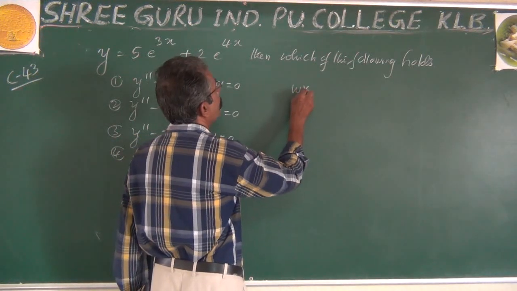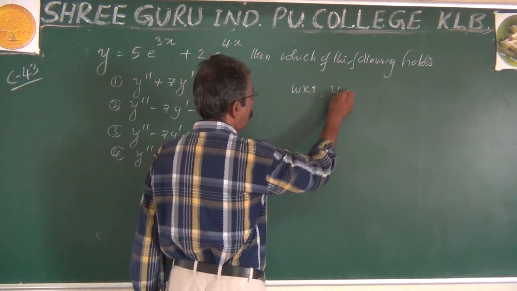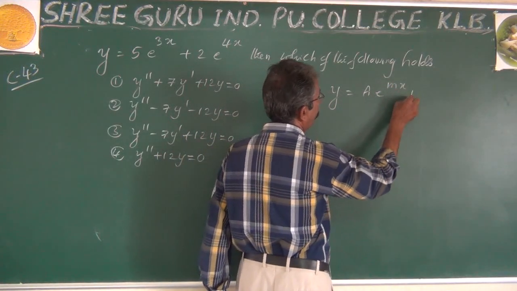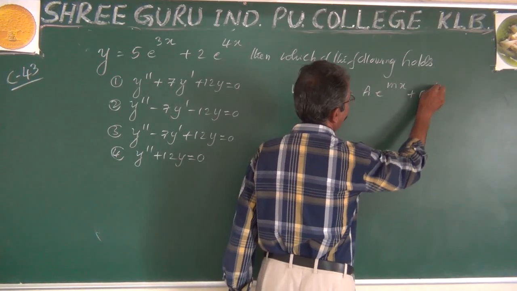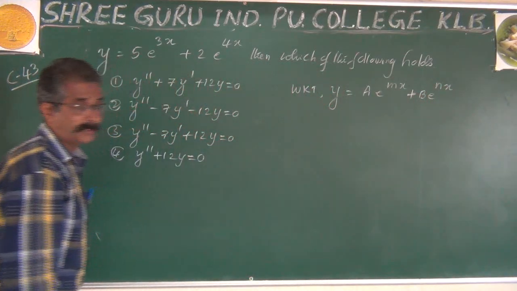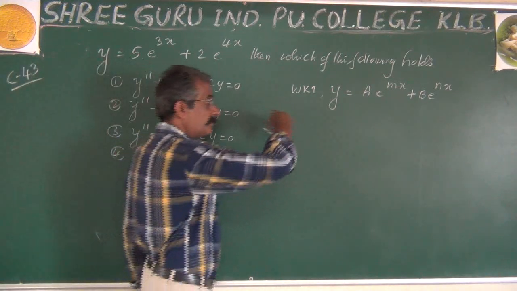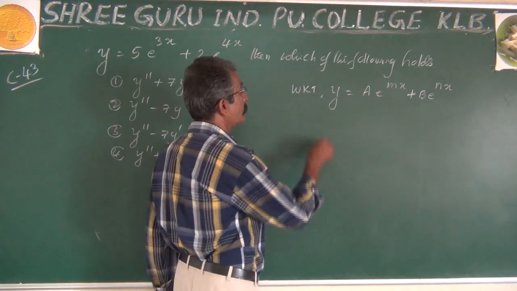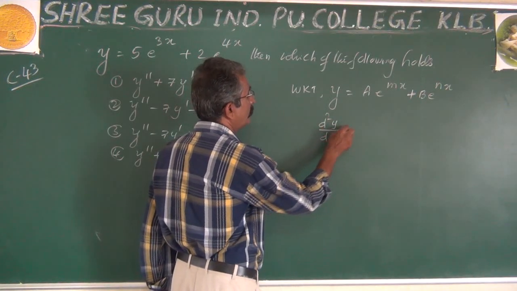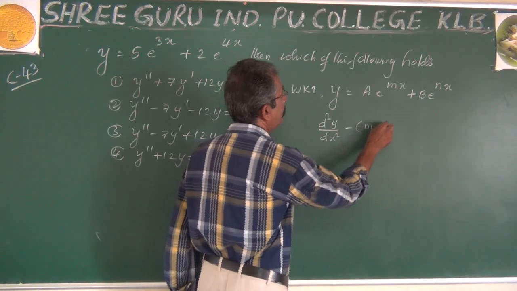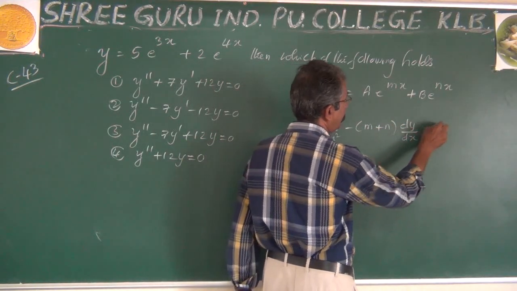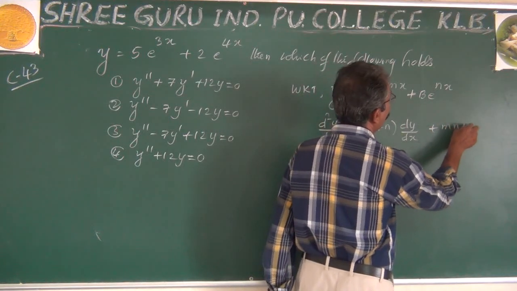We know that whenever y equals a into e power mx plus b into e power nx, then this result will always follow: d2y by dx2 minus (m plus n) into dy by dx plus mn into y equals 0.